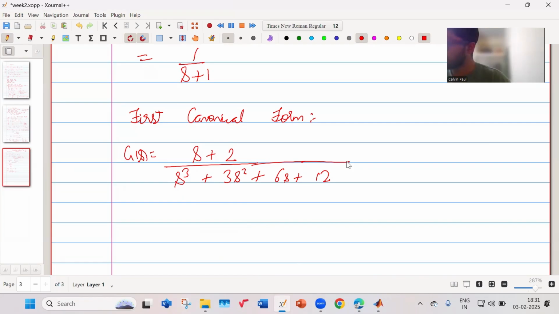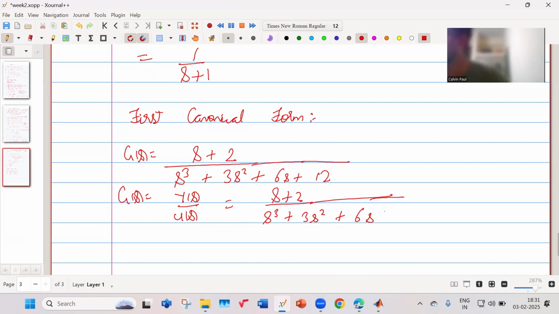So what do we do in first? We break it. So this g of s is equal to y of s upon u of s, which is s plus 2 upon s cube plus 3s square plus 6s plus 12.